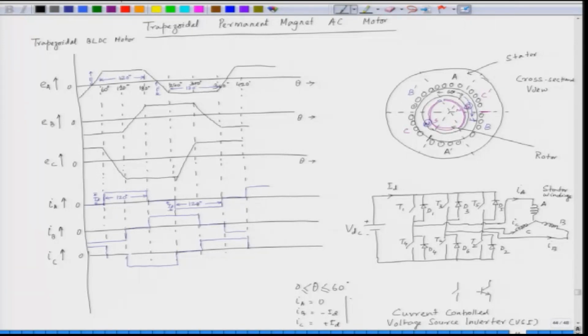And what about the induced EMF EA? It is varying. What about the induced EMF EB? EB is minus E. What about the induced EMF of phase C? It is plus E. So, for theta 0 to 60 degree, we got the following: IA is equal to 0 and EA is varying.